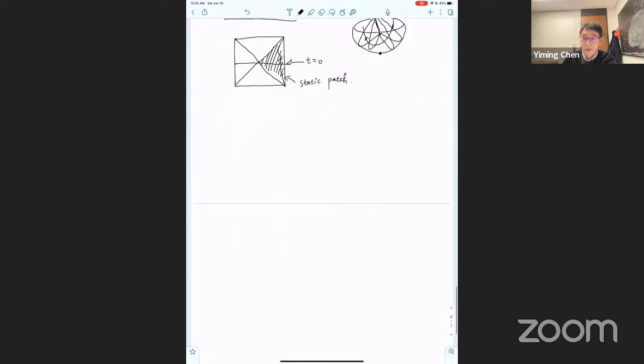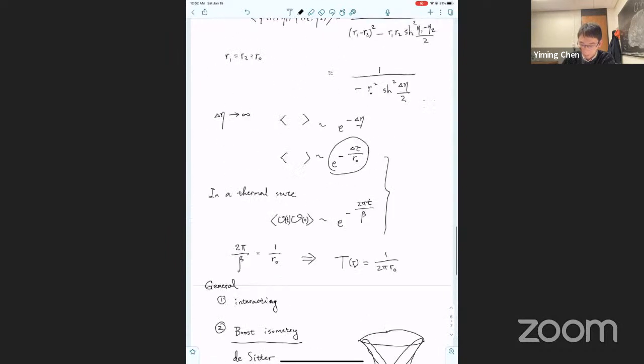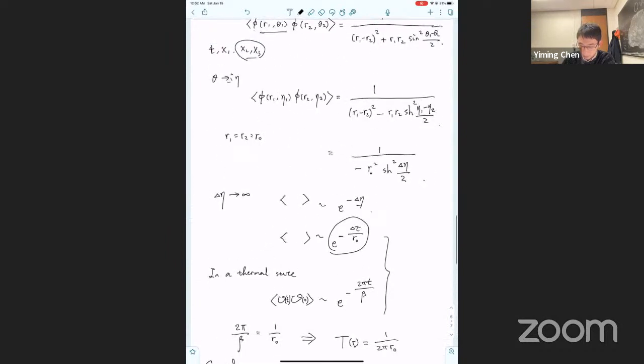Could you just say the 2-point function would still be the same for the interacting theory that you started with? Yes. The reason that it decays like this, you can extract this behavior by first looking at the Euclidean 2-point function.